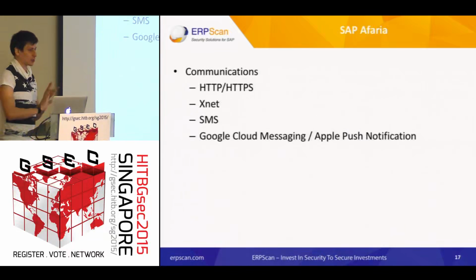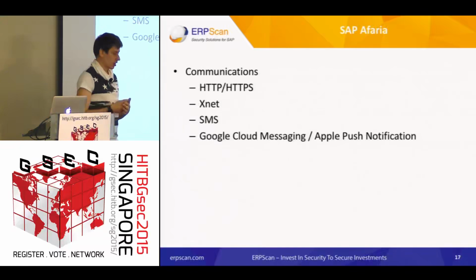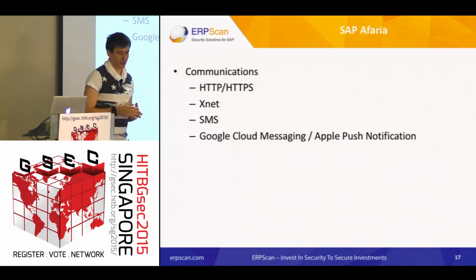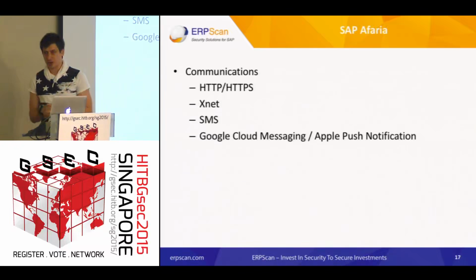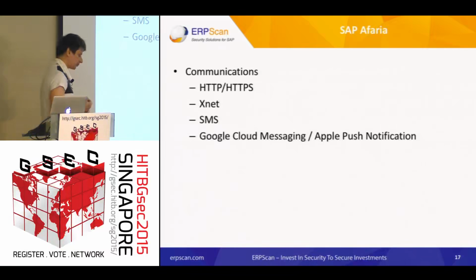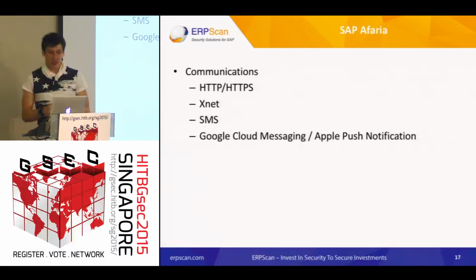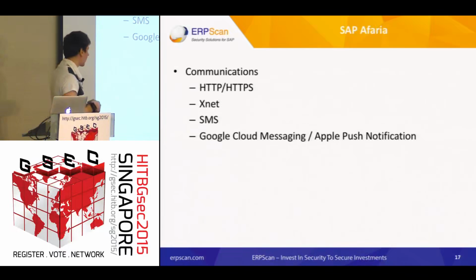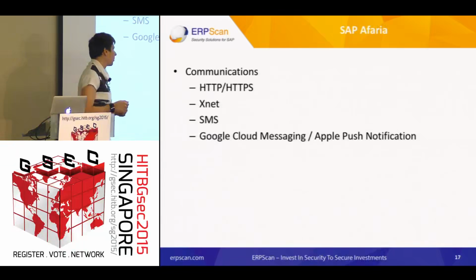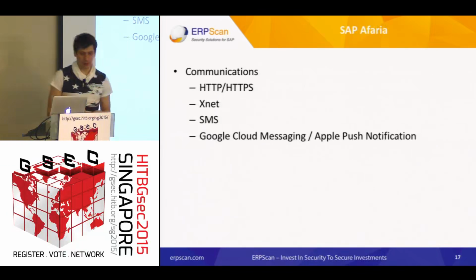Communication. Of course, Afaria uses different protocols for communication. Afaria uses the HTTP protocol for the administrator panel. Afaria uses the XNet protocol. It's the main protocol for Afaria. It's a proprietary protocol for the main work, plus SMS for different commands, and push notifications through Google or Apple Cloud are also possible.